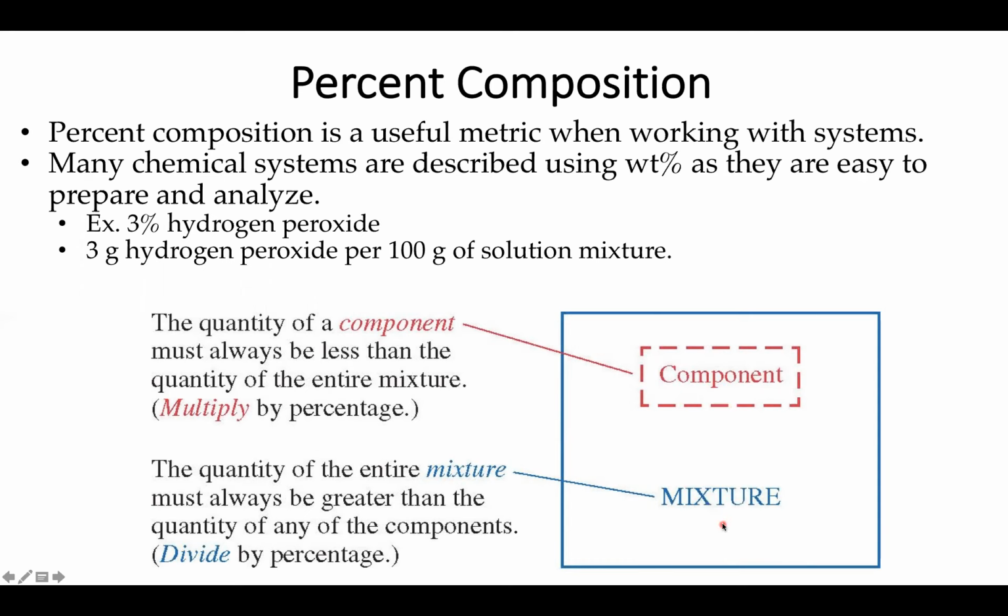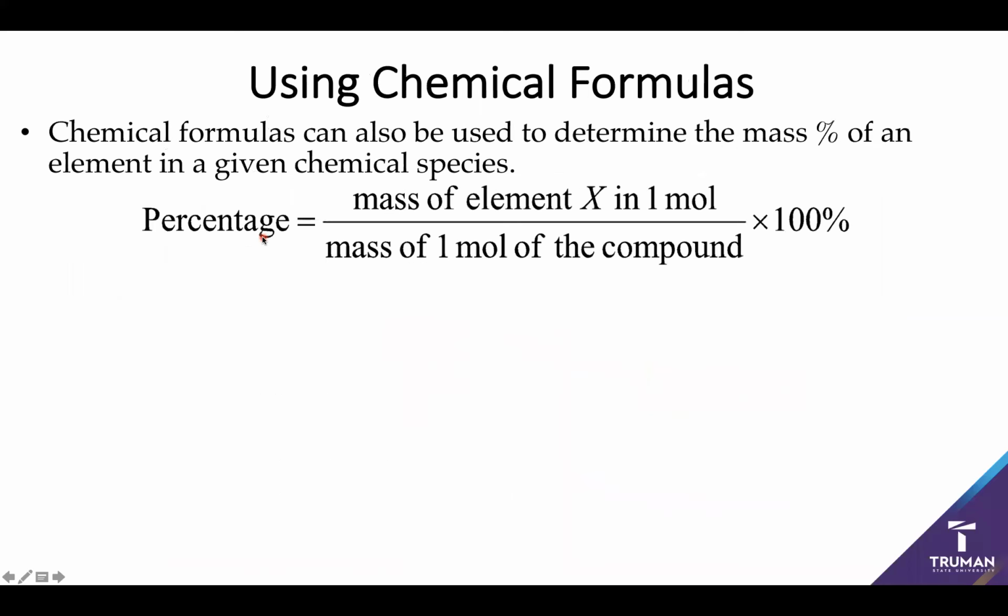However, you can often use this to describe not just solutions or mixtures, but also individual compounds. So, for example, I might want to know how much of that hydrogen peroxide is hydrogen and how much of it is oxygen. So one of the ways we can do this is by using our percent mass, but in a slightly different form.